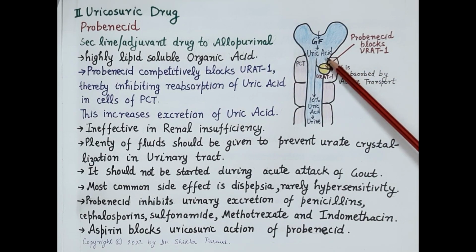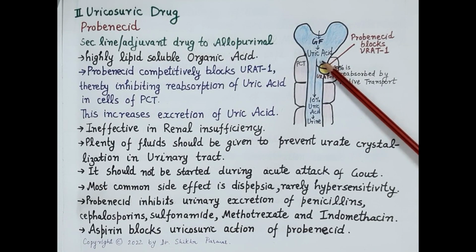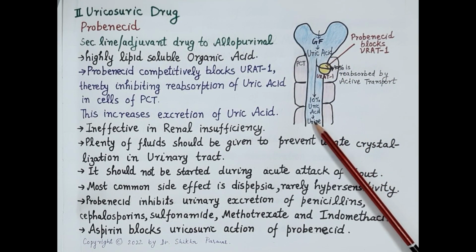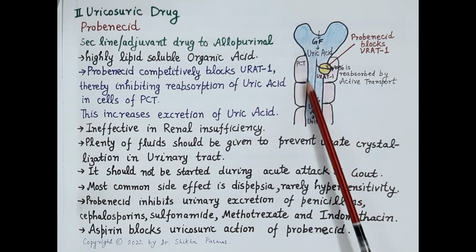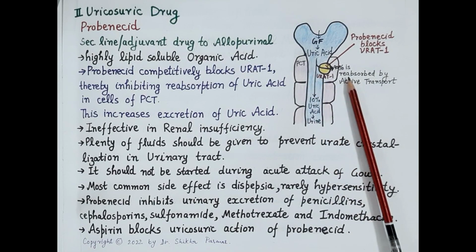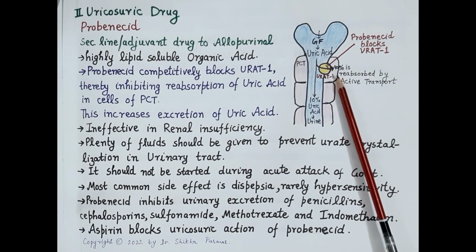Uric acid is filtered by the process of glomerular filtration, so it is filtered into the lumen of the nephron. Now, 10% of the uric acid is excreted in the urine, while 90% of the uric acid is reabsorbed in the cells of the proximal convoluted tubules.